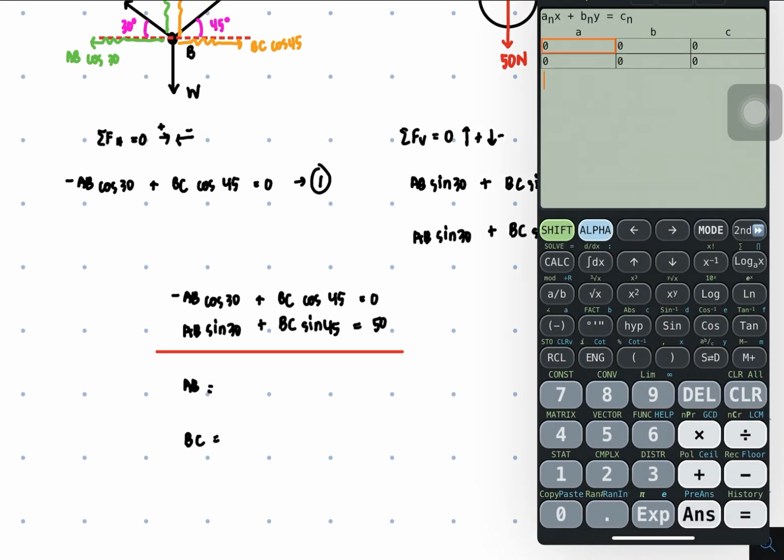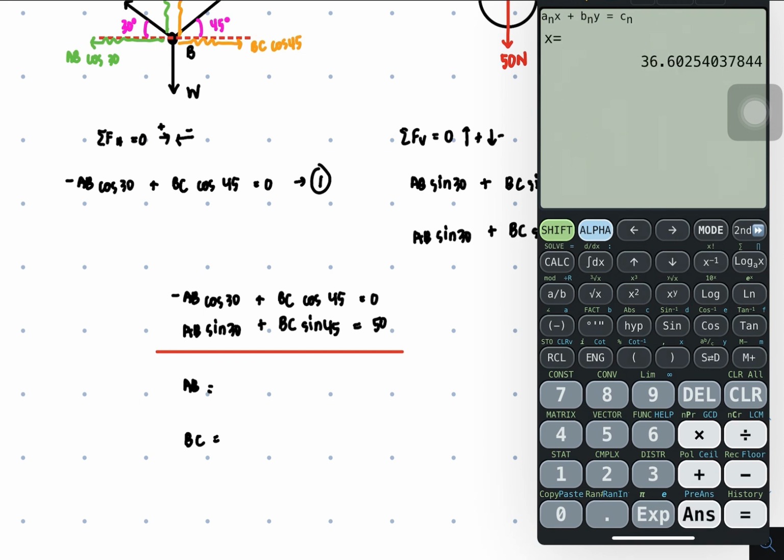From this calculator, you have negative AB, negative cosine 30, and cosine 45, and 0 for the constant. And then for the second equation, you have sine 30, and then sine 45, and you have positive 50.